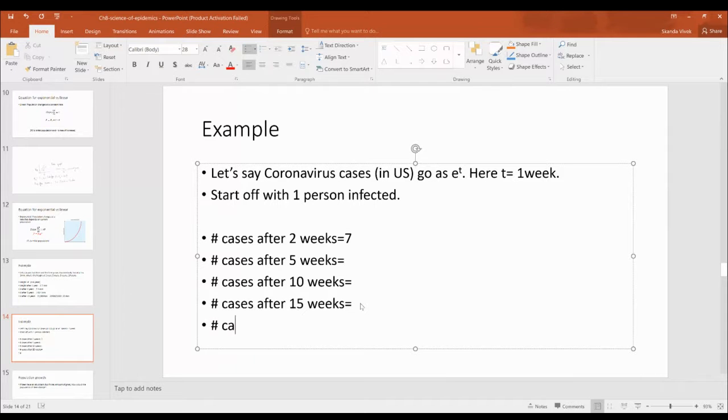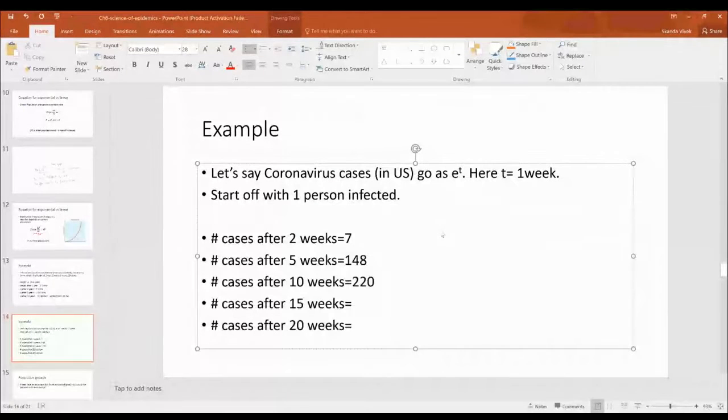Also after 20. Okay, so somebody said 148, yes, for 5 weeks, and then after that, what? 10 weeks. Yeah, it's 22,026. Now we're starting to see.